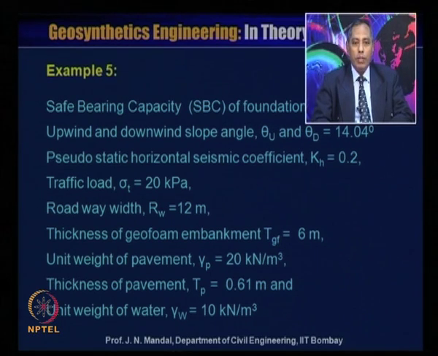Traffic load sigma t is equal to 20 kilopascal, roadway width RW is 12 meter, and thickness of the geofoam embankment Tg is equal to 6 meter. Unit weight of the pavement gamma p is equal to 20 kilonewton per meter cube, thickness of the pavement Tp is 0.61 meter, and unit weight of water gamma w is equal to 10 kilonewton per meter cube.